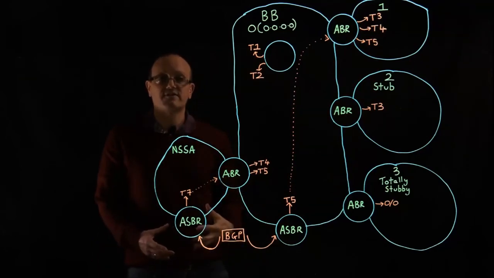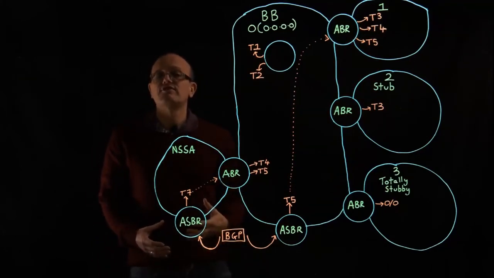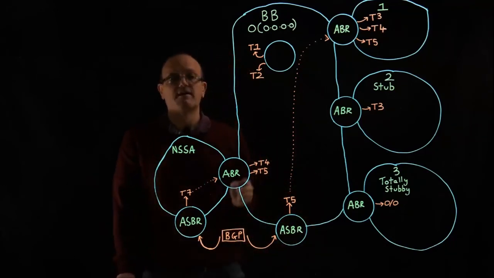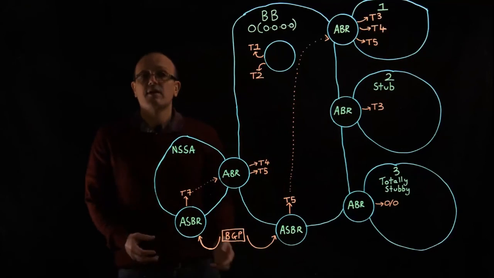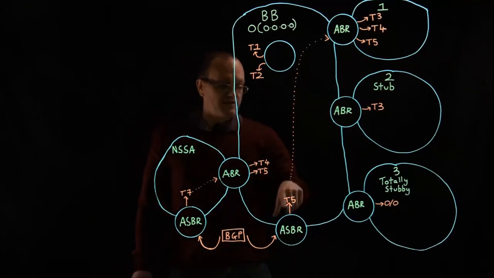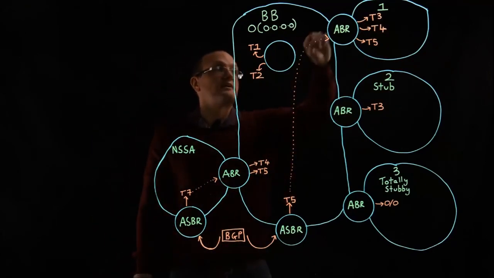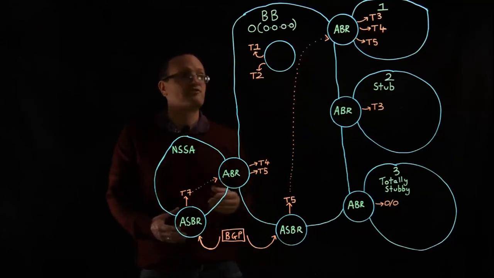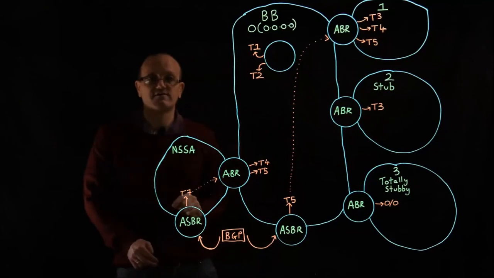We also need to advertise the external reachability of routes that have been redistributed into OSPF into that area, and we do this via the type 5 LSAs that are propagated into that remote area, and we also augment this information with type 4 LSAs.